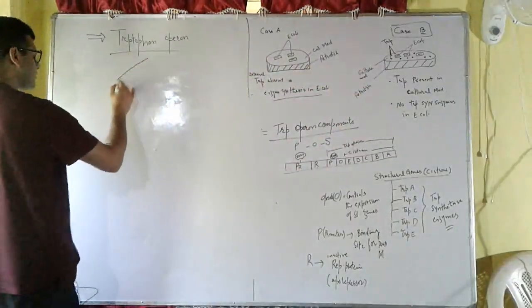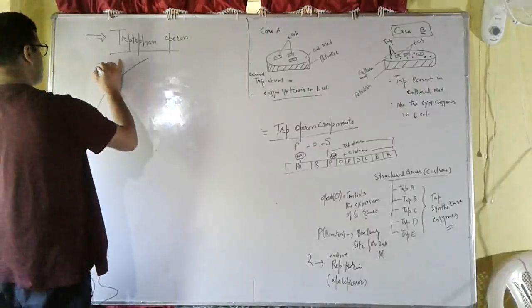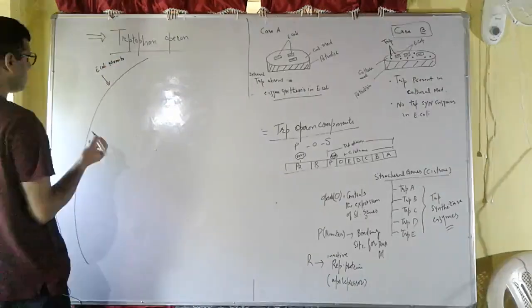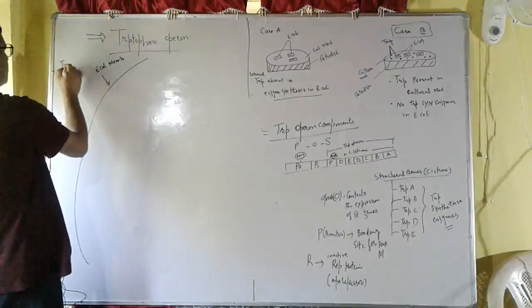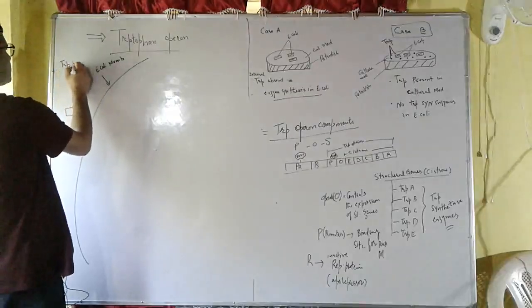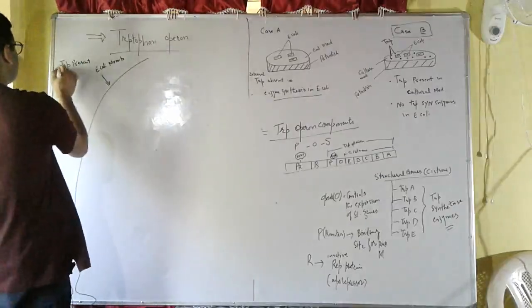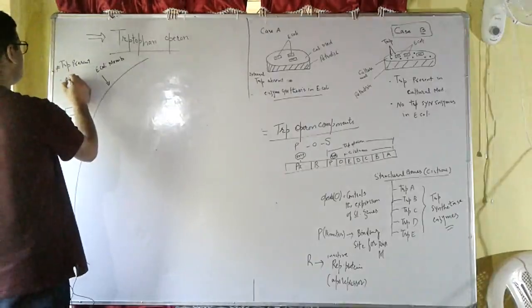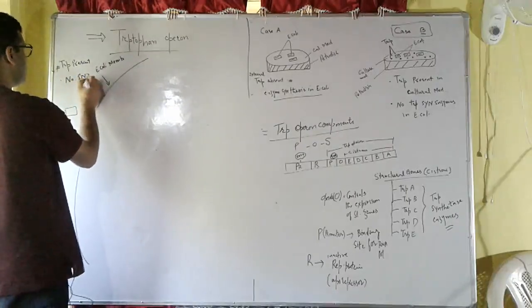So you have got this E. coli membrane. With tryptophan present in the culture medium, there is no enzyme synthesis.